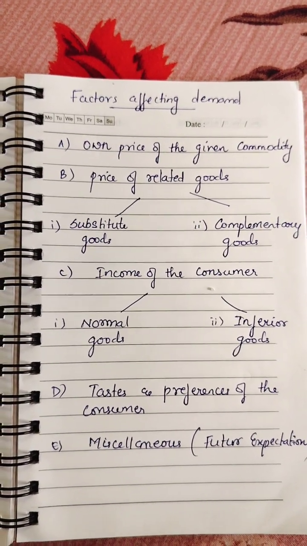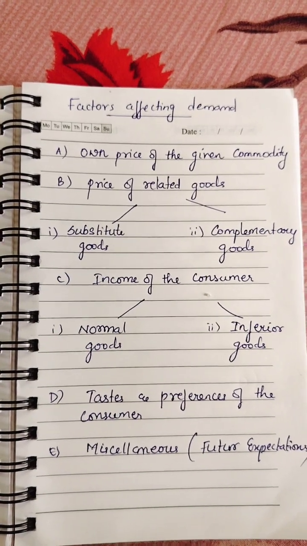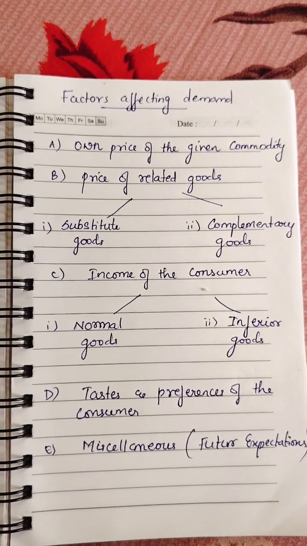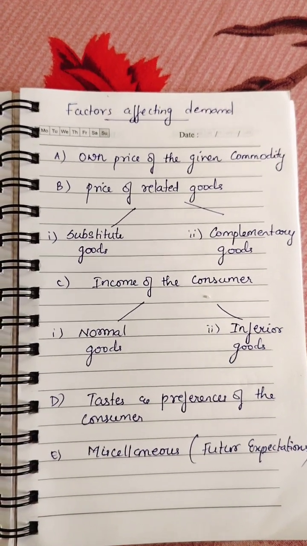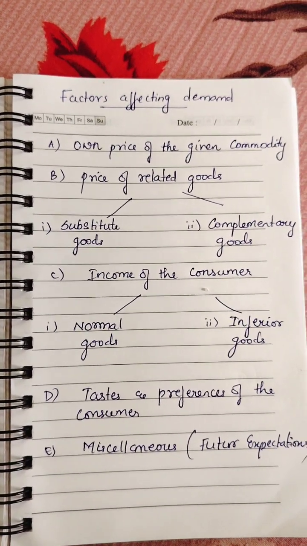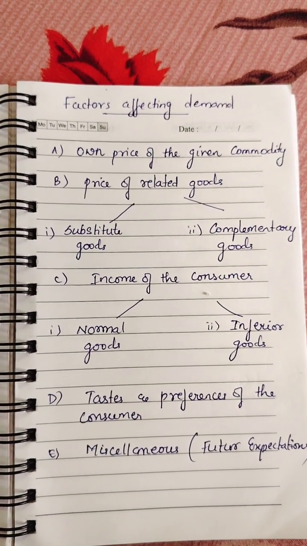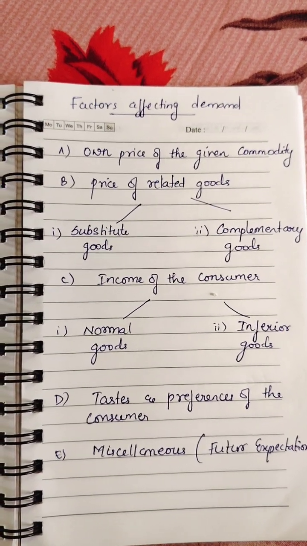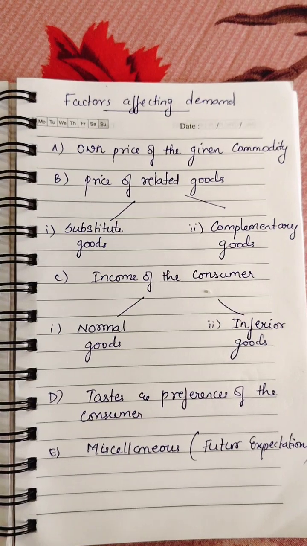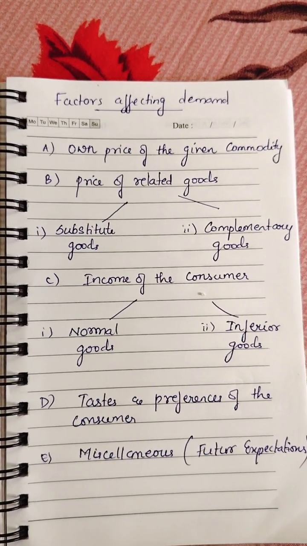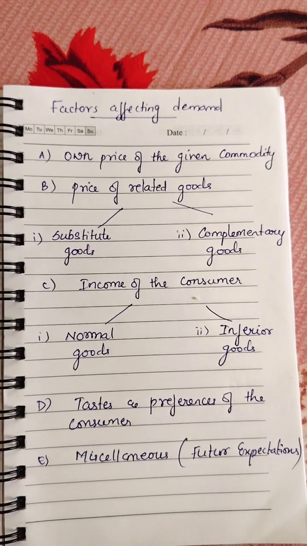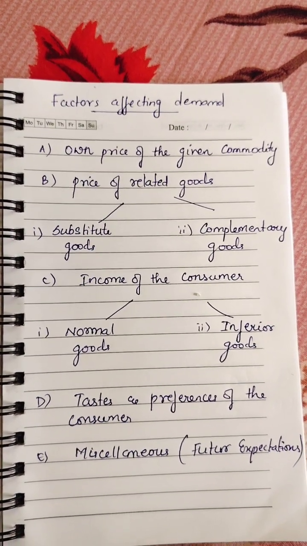Will a consumer go and buy more potatoes if his income increases? Obviously not. He will demand only as much potato as he needs. So even though the income of a consumer increases, he will not buy more of the inferior good. That is, the demand for the inferior good will not increase even if the income of a consumer increases.